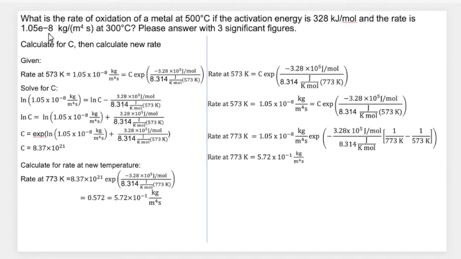So there are two ways of calculating the rate of oxidation at 500 degrees Celsius. One way is to calculate for C, and then you can calculate the new rate.